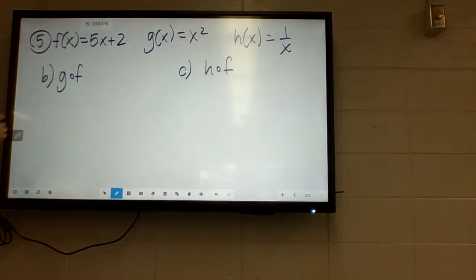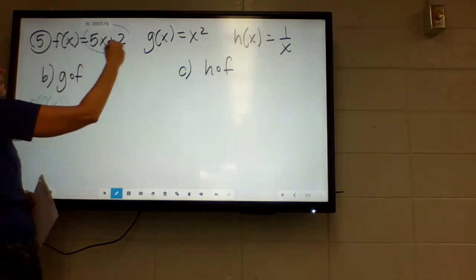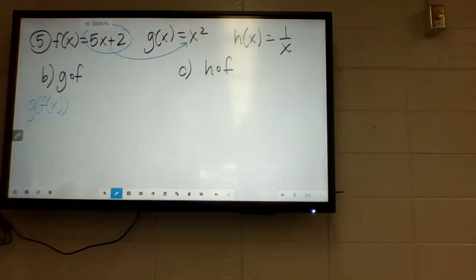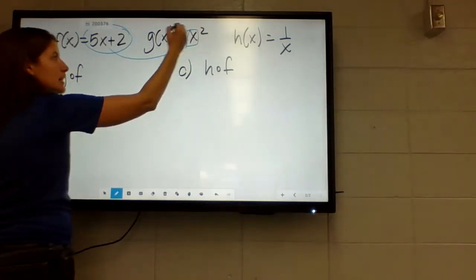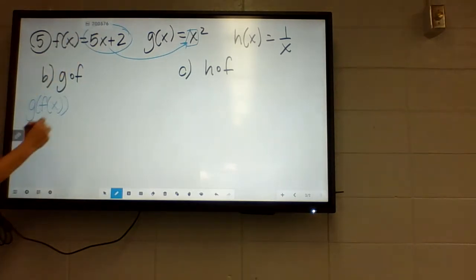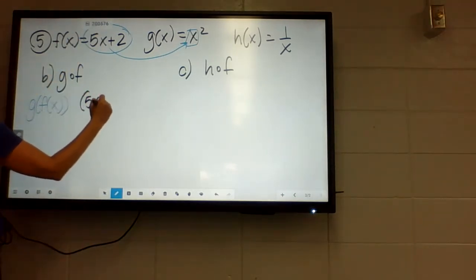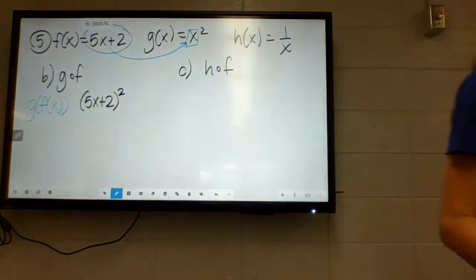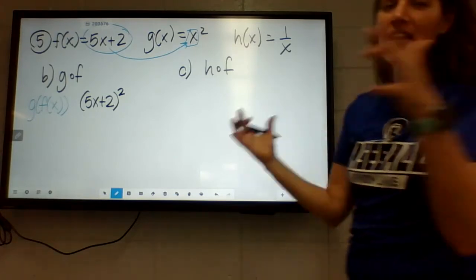Now, if it helps you guys to think of it this way, that's fine. What that means is I'm putting f into g. So this is going in there. So where the x shows up, that x leaves and this jumps in. So it's 5x plus 2, and then it's going to be squared. But again, don't kill puppies. We want to write this twice instead.